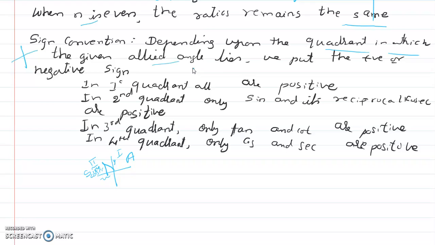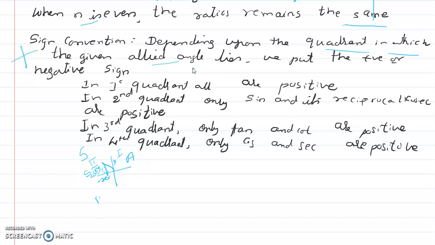So for sine and cosec, if I take the ratio as y by r, y is positive, r is positive. So sine and cosec are positive. But for the remaining ratios, we consider x, the adjacent side, and this adjacent side is negative. So in the second quadrant, all the remaining ratios except sine and cosec are negative.